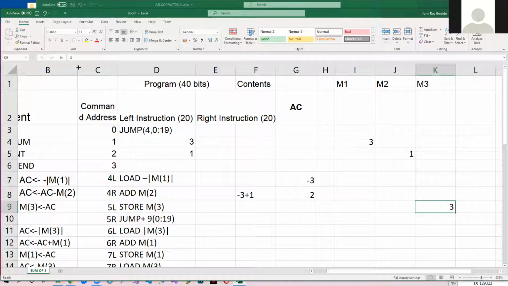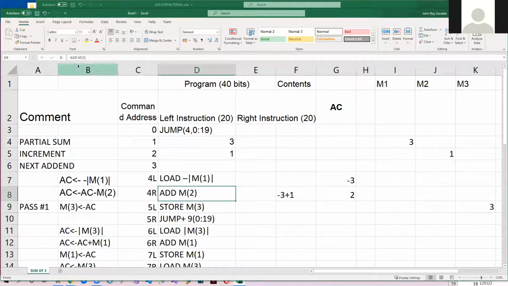We made a small mistake, sorry. Because we had add M2, this will be negative 2. It's a jump plus, so we will not jump, we'll go here. Load M3, add M1. We made a mistake, because this should be a 2.